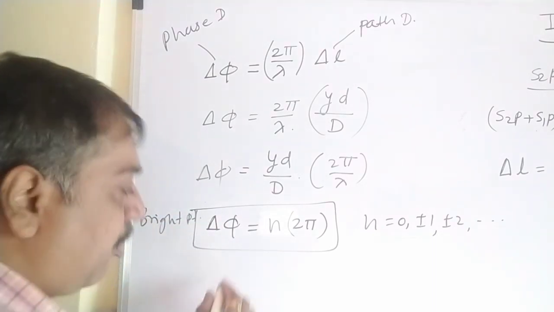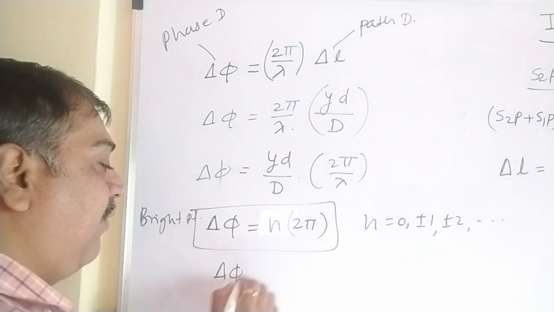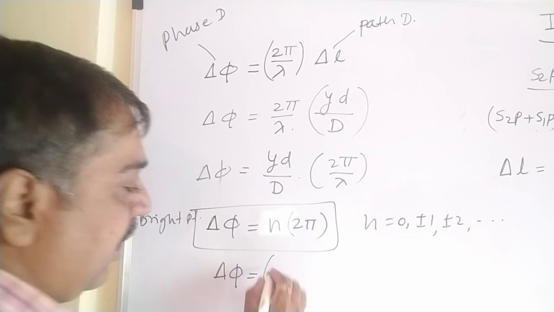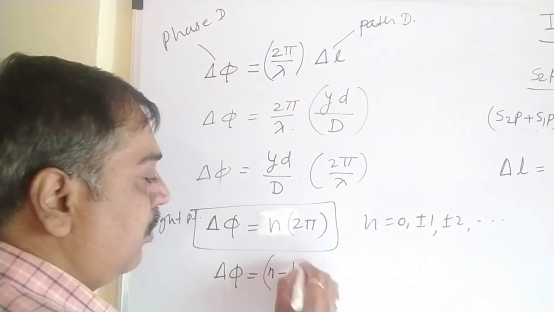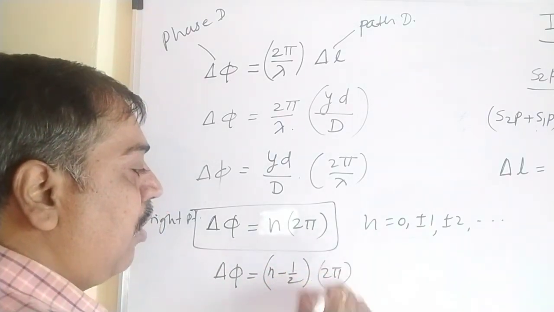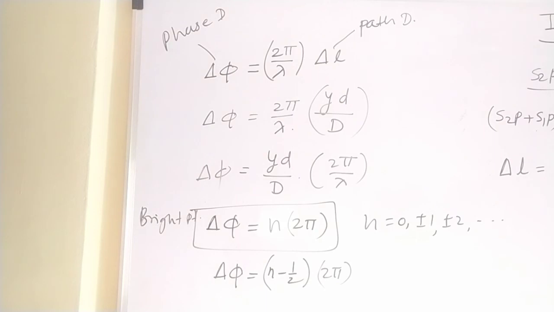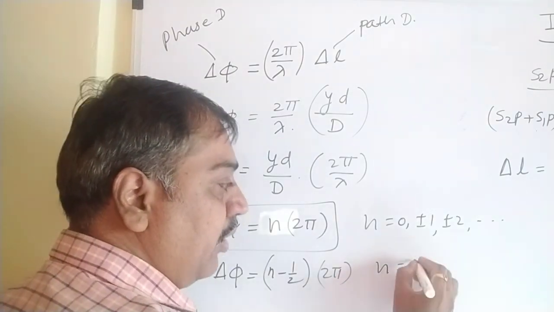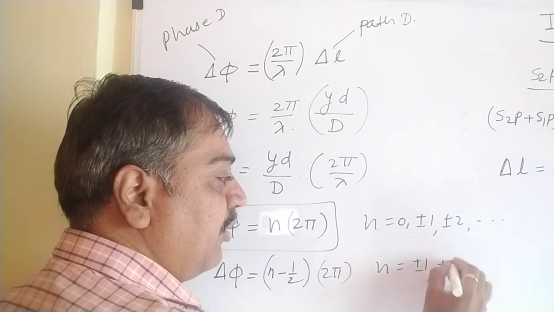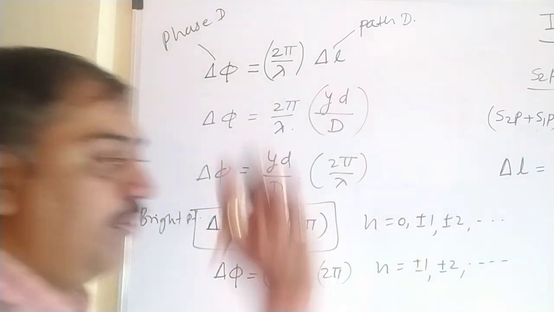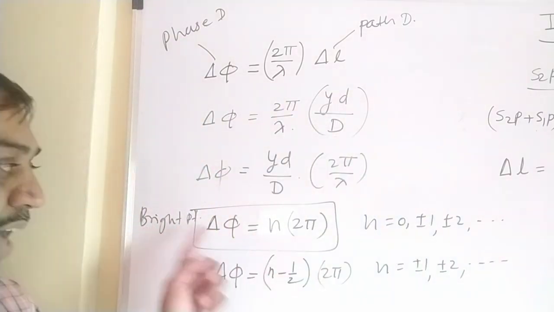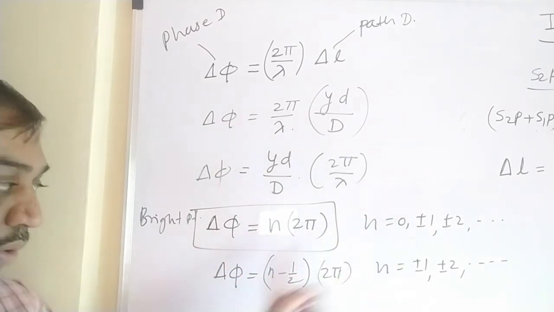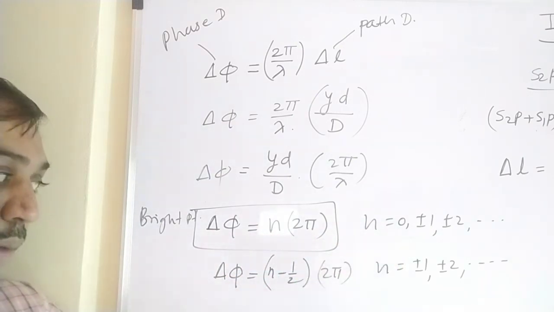Similarly, what is the condition for a dark point? It is delta phi equal to (n minus 1 by 2) times 2 pi. Now remember, n should not start from 0 here. It is plus minus 1, plus minus 2, and so on up to infinity. For the bright point it is an integral multiple of 2 pi, that's why it starts from 0. Here it is an odd multiple of pi.